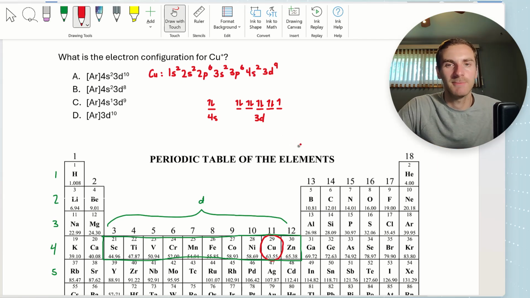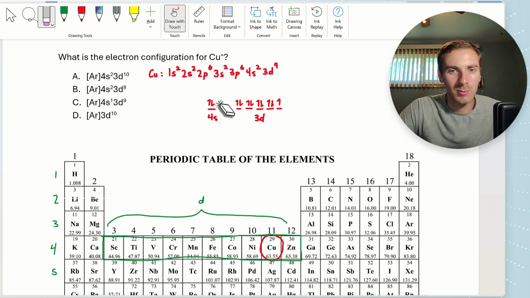However, it is just one electron away from having a full 3d sublevel, from all 5 of its 3d orbitals being full. And that provides a stabilizing effect. So what copper actually does is it moves one of these 4s electrons into the 3d to fill the 3d sublevel.